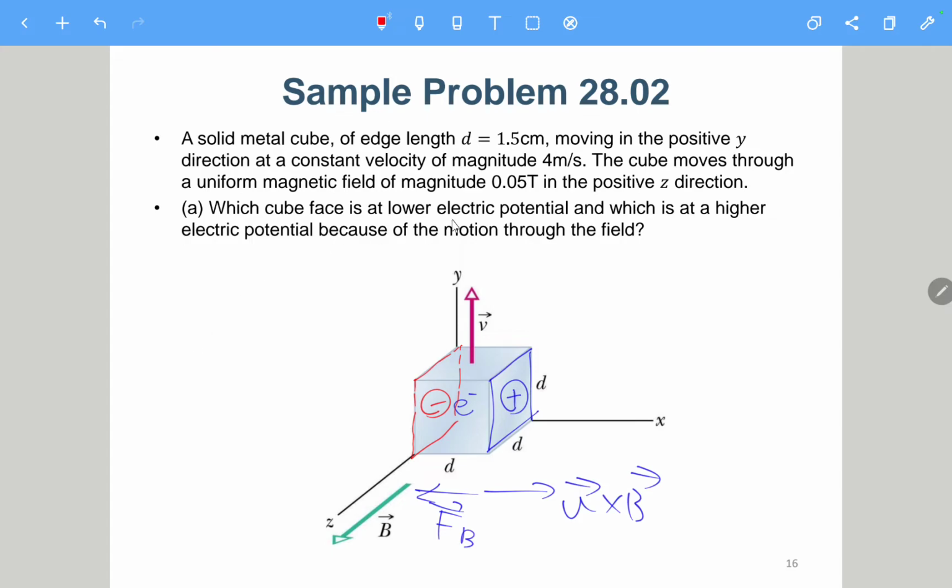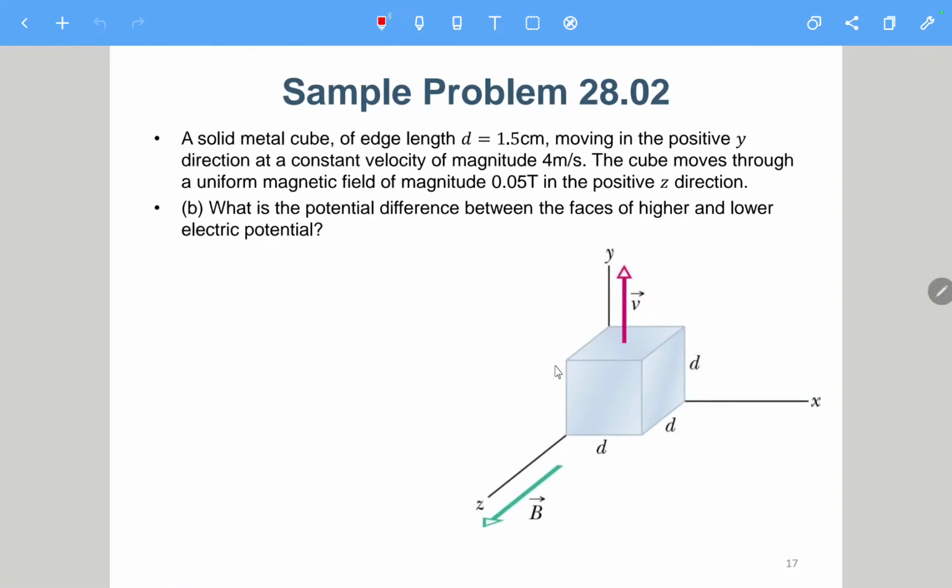It asks which is at a lower electric potential, and actually we can measure the potential difference between the left face and right face to verify that. Okay, so the next question is, what is the potential difference between the faces of high and low electric potential?